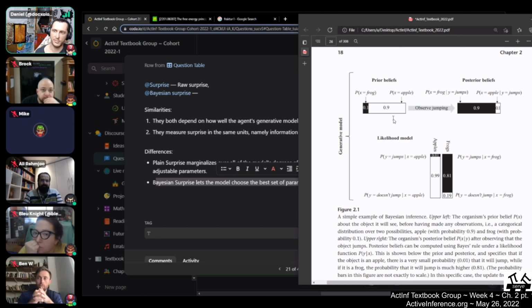So yes, priors and likelihood are implicit, but they're using a different ontology than Bayesian statistics. But we're in the Bayes or the post-Bayes area now.